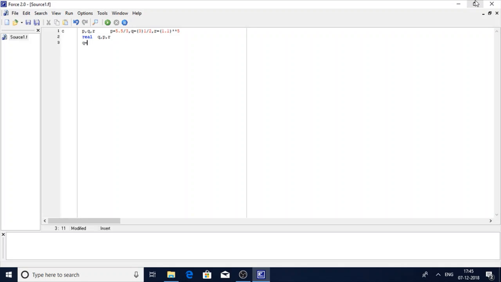So my Q will be, I'm doing 3.0. It's because whenever I am dividing or squaring, for real case it cannot actually understand whether it is integer or floating, and if it is integer, then after I divide with a floating number, the result will be 0. So that's why it's better to write it with floating numbers from the very beginning.